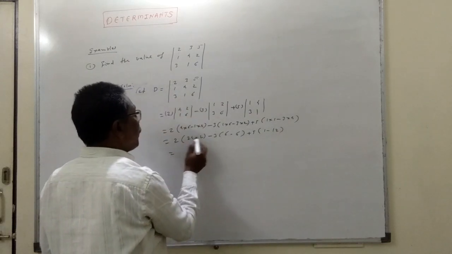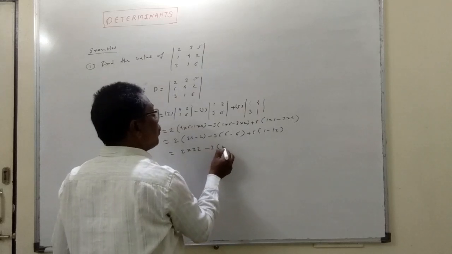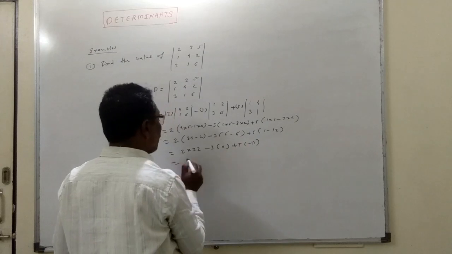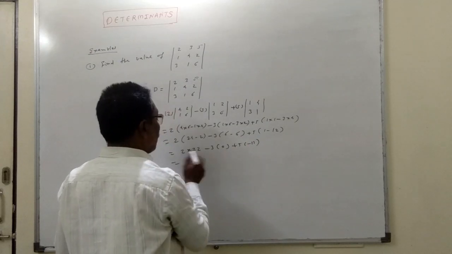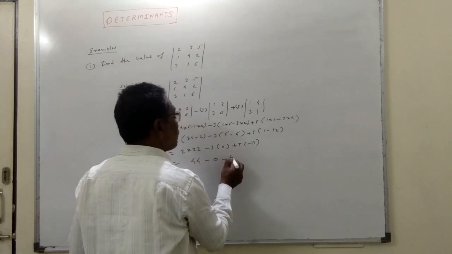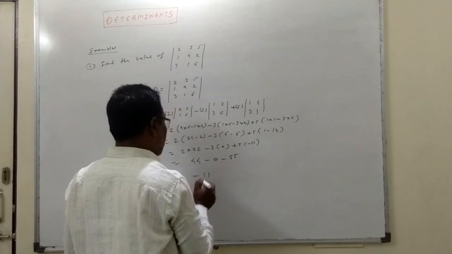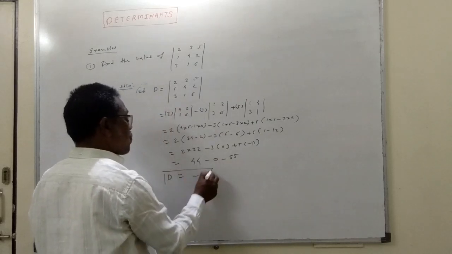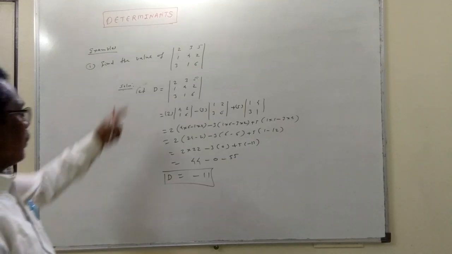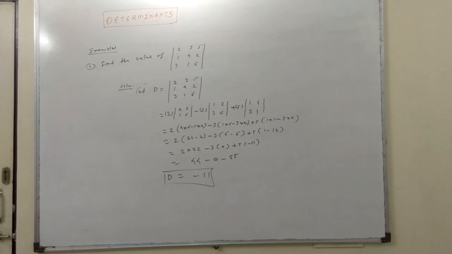So that is equal to 24 minus 2, 22, minus 3 into (6 minus 6), 0, plus 5 into minus 11. So that is equal to 22 into 2 is 44, this is 0, minus 55. So that is equal to minus 11. In this way, we evaluate the determinant of order 3.